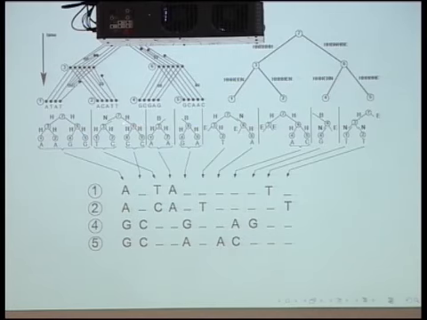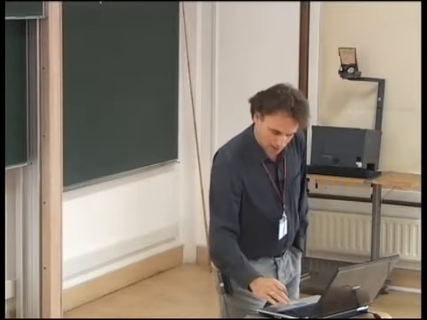So this means that when you read it from left to right in this way, an insertion at this node somehow inactivates this node. Okay? It's a bit strange, but that's how it is.